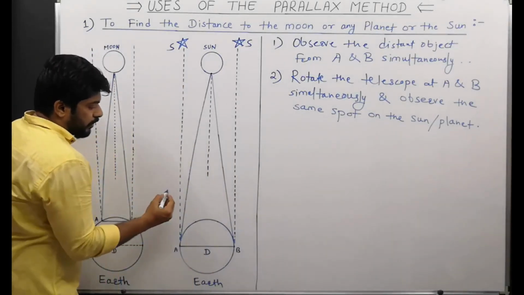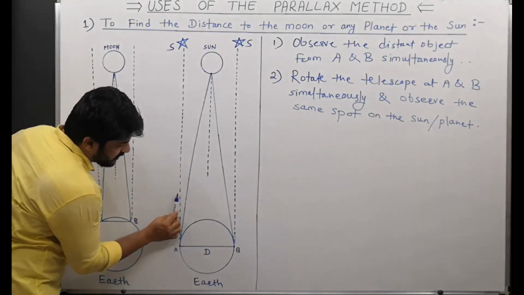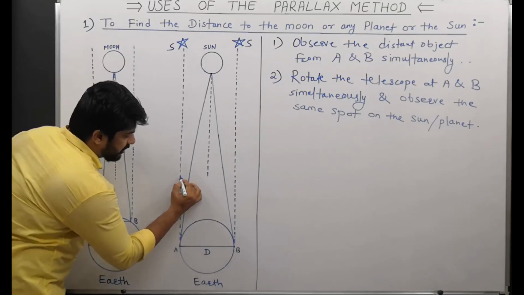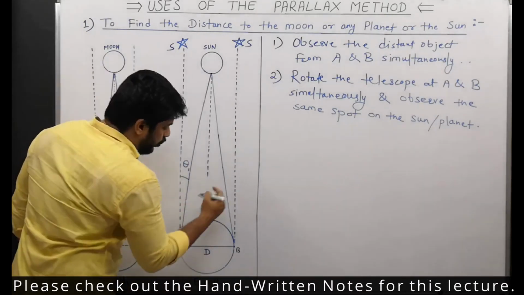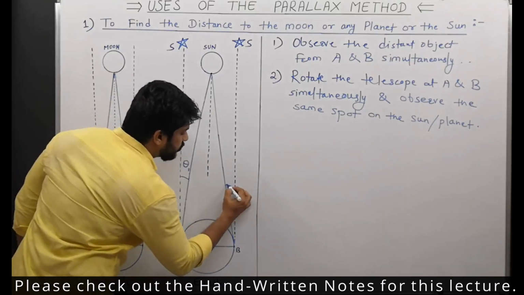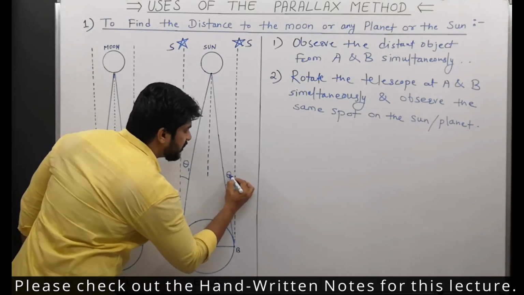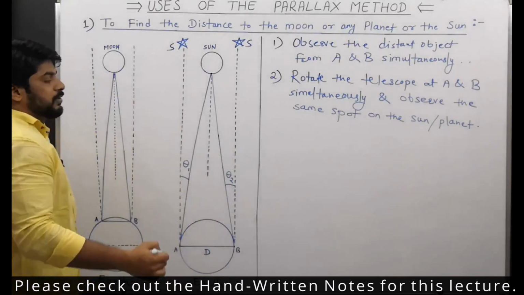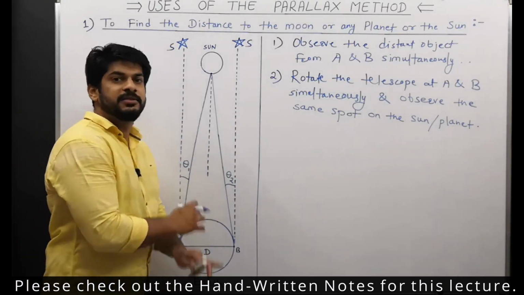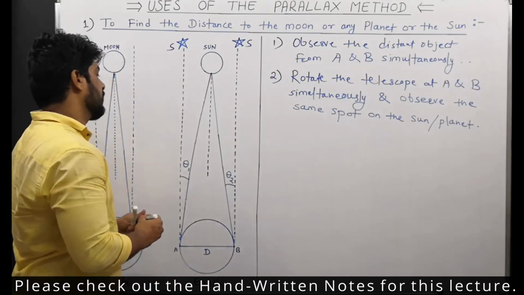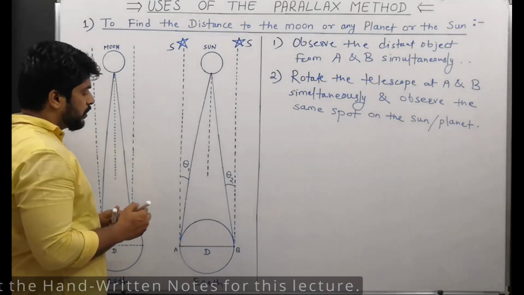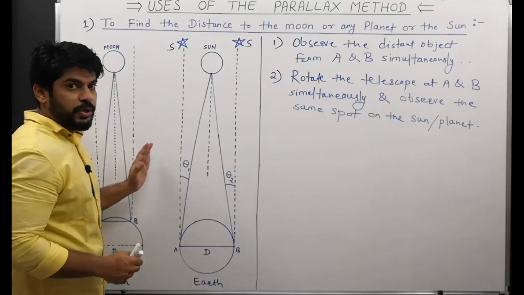Now you can see we have rotated by a certain angle. Let's say the angle through which we have rotated is theta1 over here, and the angle through which we have rotated at the other position is theta2. I don't know what that angle is, but there is some angle. Now this angle is noted down.